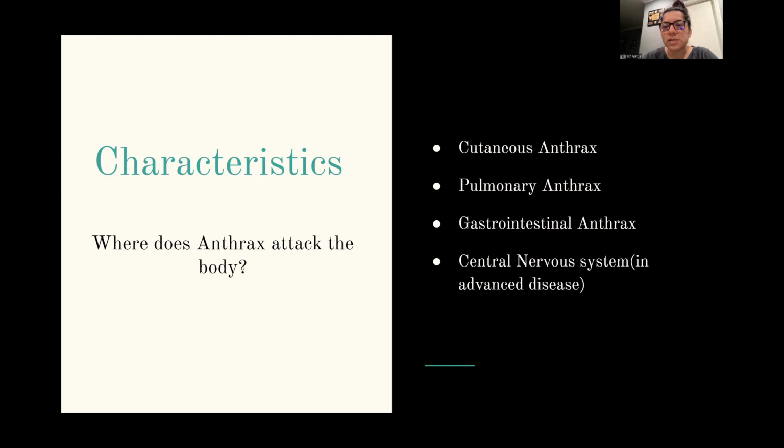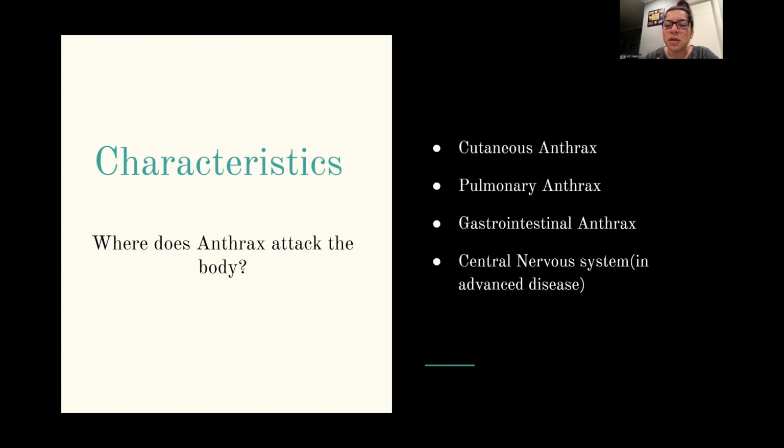Pulmonary anthrax is when the spores of anthrax get to the lungs, and gastrointestinal anthrax is when the spores of the bacteria are in the gastrointestinal tract, such as the mouth, the intestines, and the stomach.